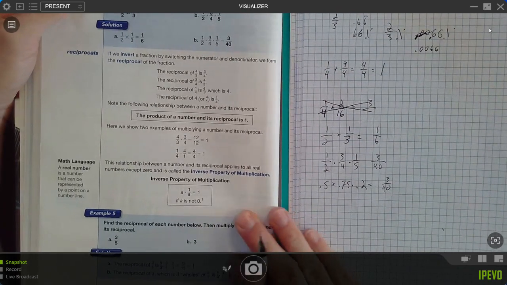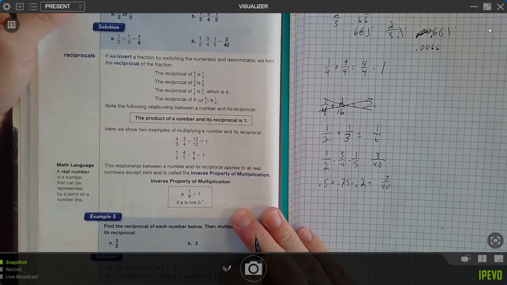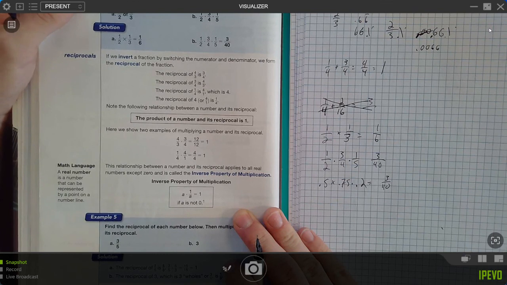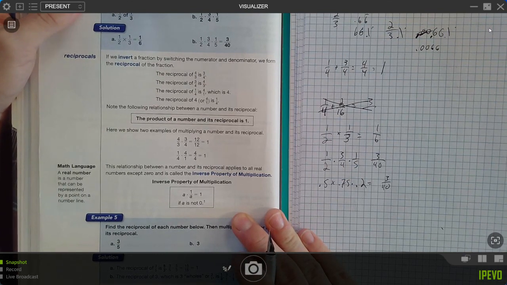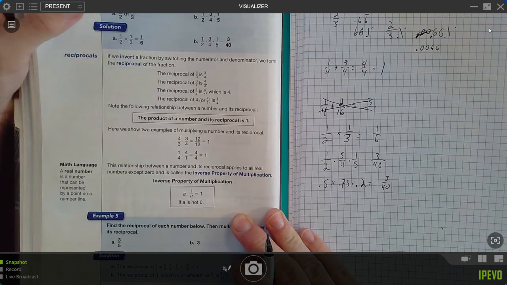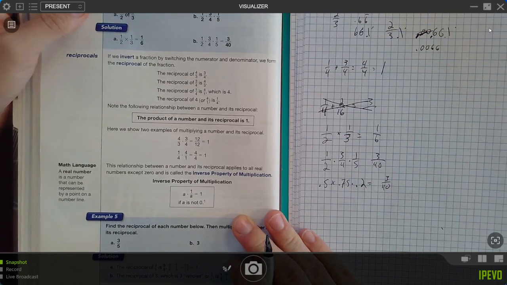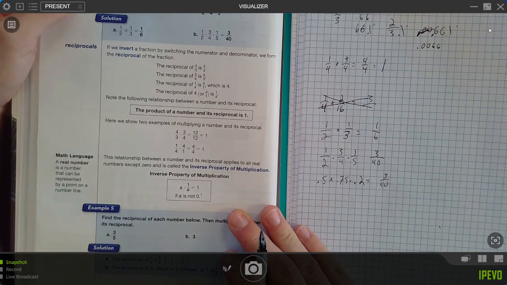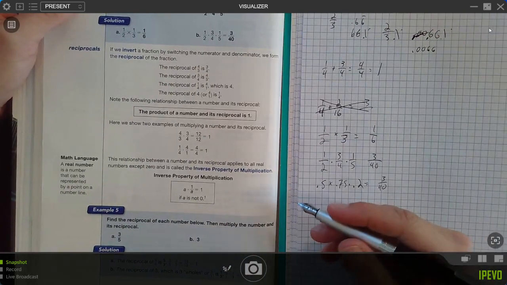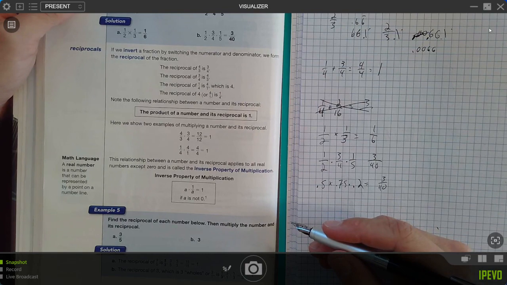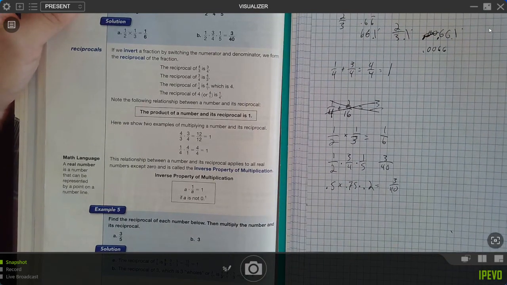All right. The reciprocals are, it's basically the opposite. Okay. It's what allows us to get 1. I guess it's not opposite in the way that a negative is the opposite, which is why we don't say opposite here.